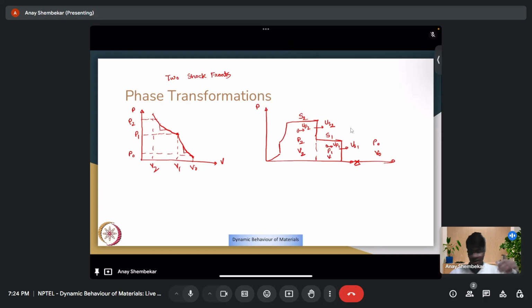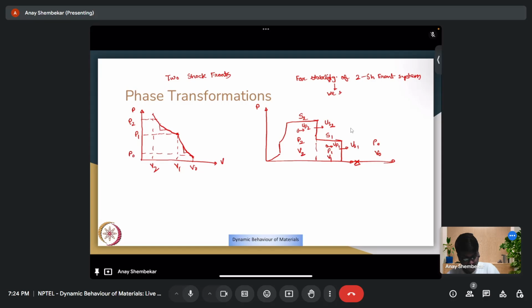To understand that, we'll first look at the Rayleigh line. We'll first look at the stability of the two shock front system. What have we got?